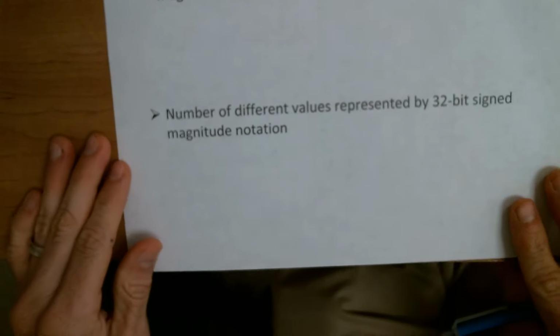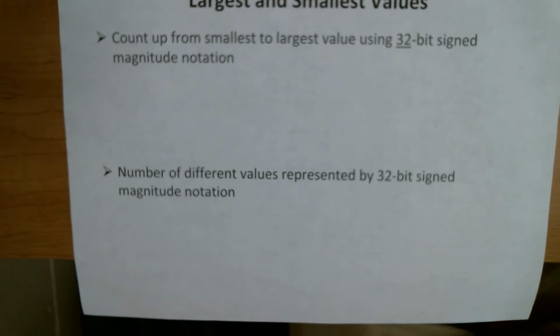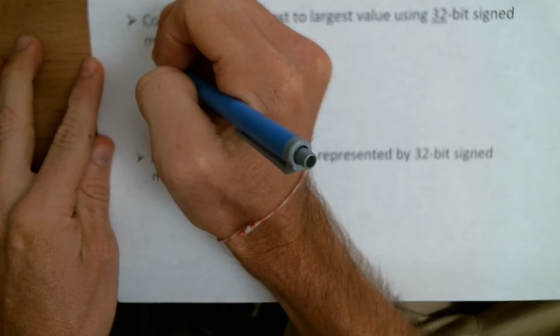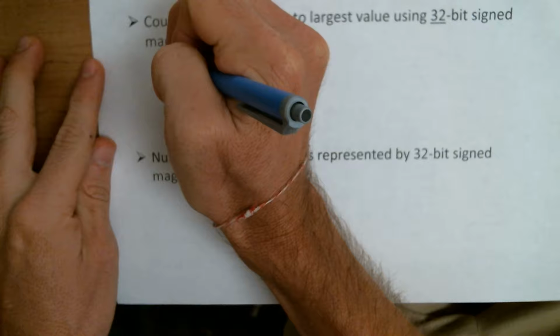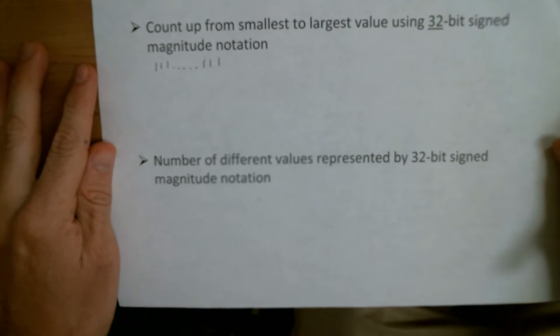All right. So let's take a look at some more of these. This says count up from the smallest to largest using 32-bit signed magnitude notation. So again, this is where that little formula is going to come in handy because you're not actually going to want to count those. So if I had 32 bits, the smallest number is going to be 32 ones.